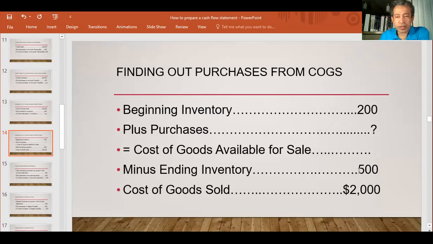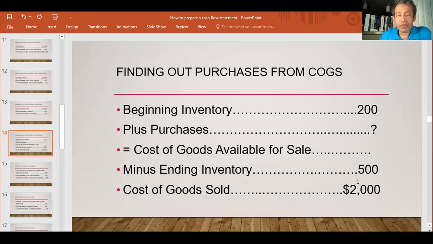This is my standard sequence of the cost of goods sold statement. So we start with beginning inventory plus purchases gives us cost of goods available for sale. But my purchase number was missing, wasn't it? I knew my beginning inventory and ending inventory and my cost of goods sold. I know the two inventories from the balance sheet and cost of goods sold from the income statement. But I don't know purchases. I don't have any clue.